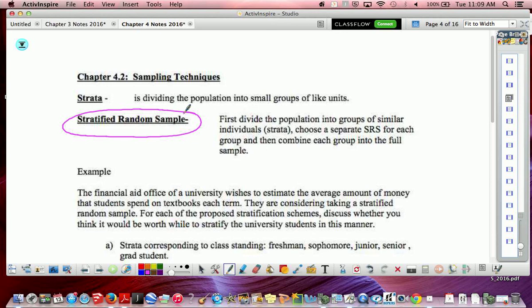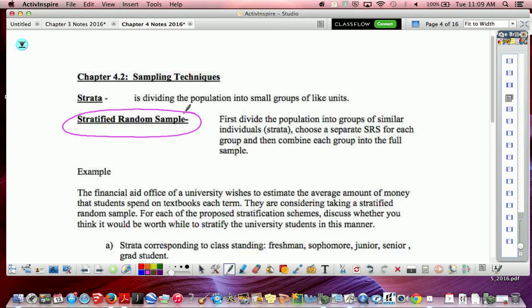So we divide the population into similar individuals or groups, and then we take a simple random sample from each group and combine all of that as our entire sample.